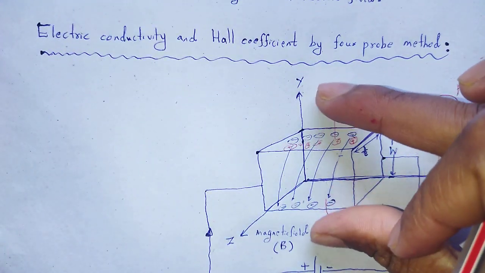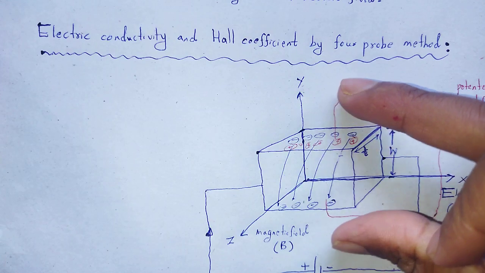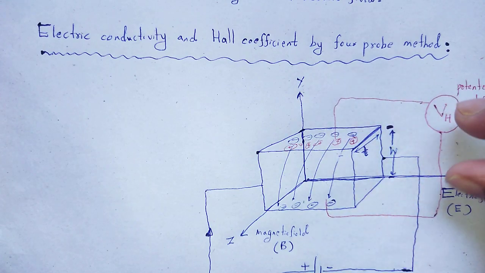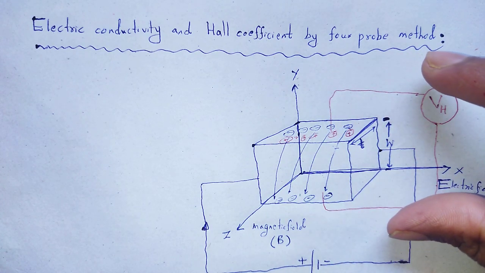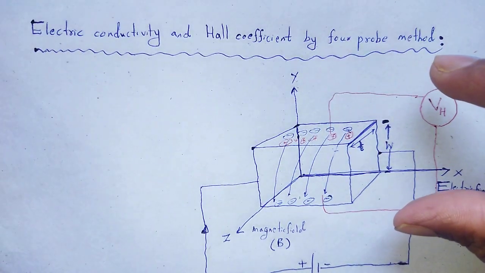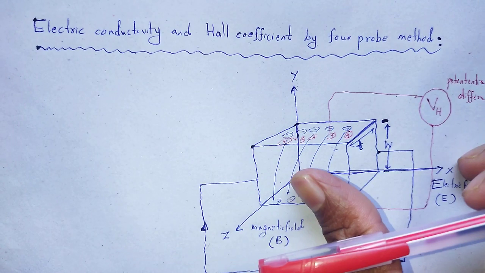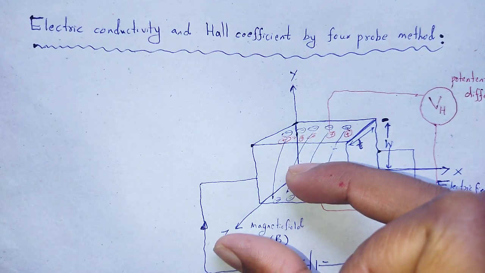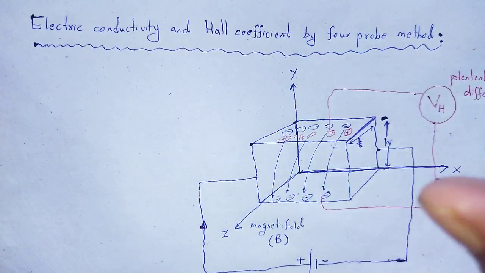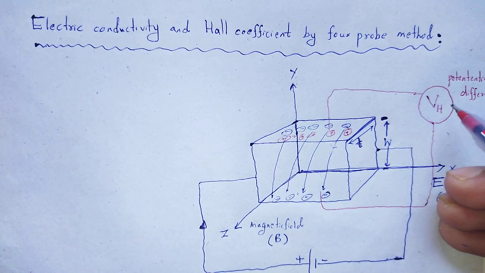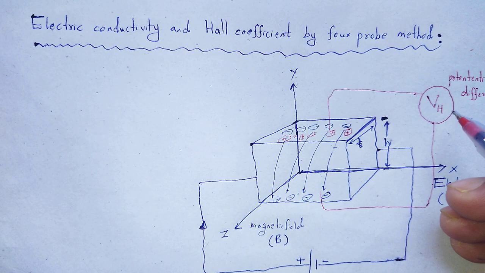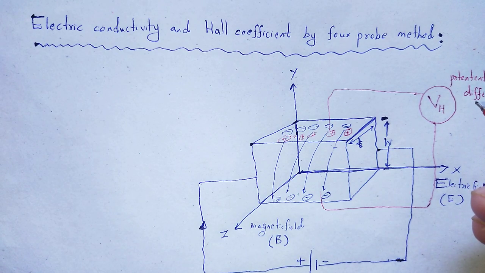So, a potential difference is developed on the upper and lower ends. That potential difference is along the y direction. Let me calculate mathematically what that potential difference Vh, the Hall potential difference, is.